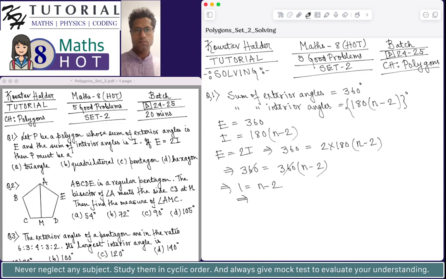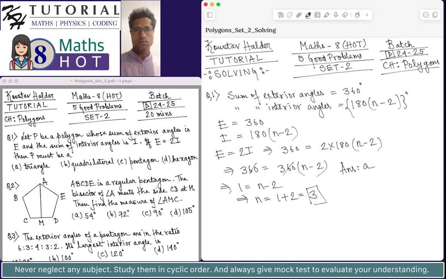So this implies n is equal to 1 plus 2, equals 3. So this is basically a triangle. n is 3 means it is a triangle. So the correct choice is A.